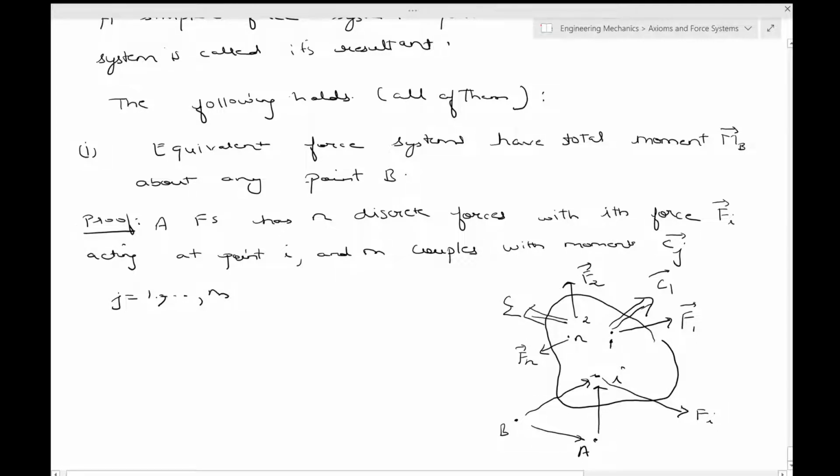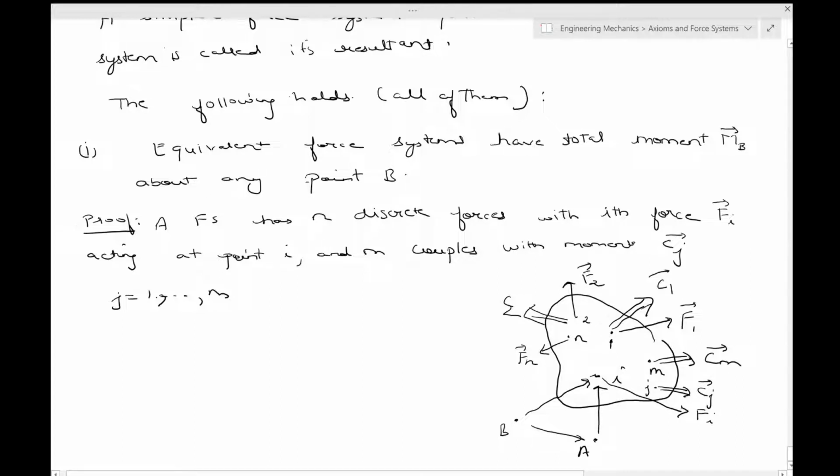And m couples, so C1 acts at point 1, C2 acts at point 2, and say if this is point m, Cm acts at point m. So this is a couple with the moment C1, C2 to Cm. And in general, say this is the jth point, so this would have a couple with the moment Cj. So that's the description of the force system over here.